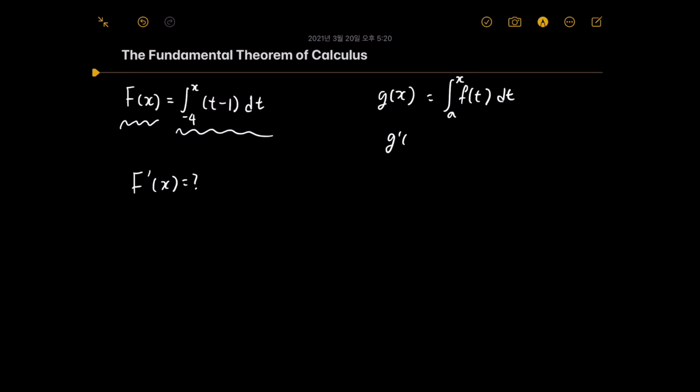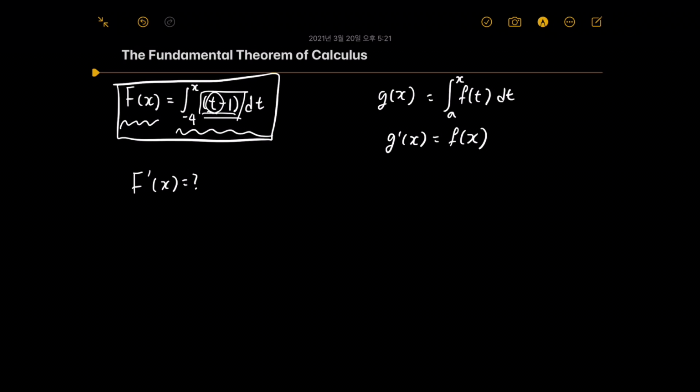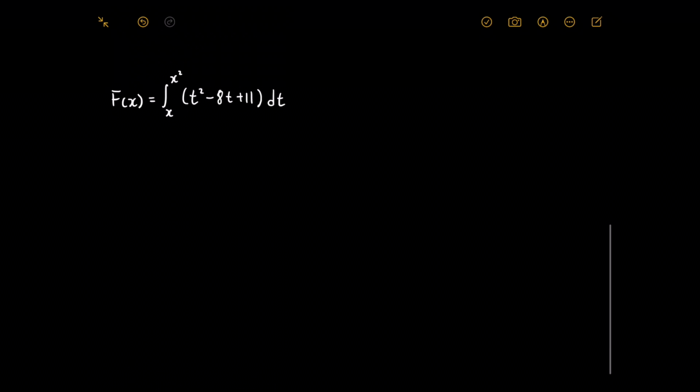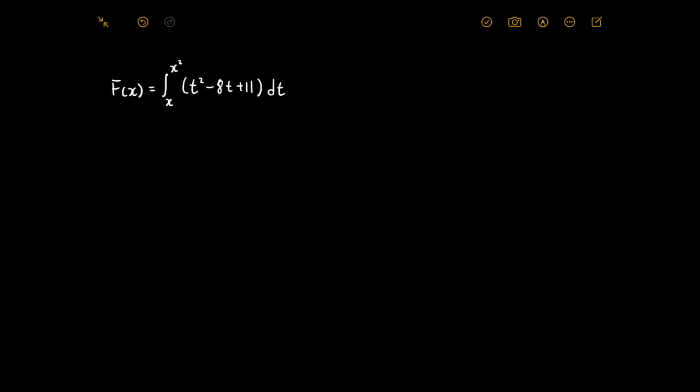Then g prime of x is equal to f of x. Therefore, the only thing we have to do is to replace the t inside with x. So f prime of x is equal to x minus 1. We solved this using the fundamental theorem of calculus. Let's move on to the next question.